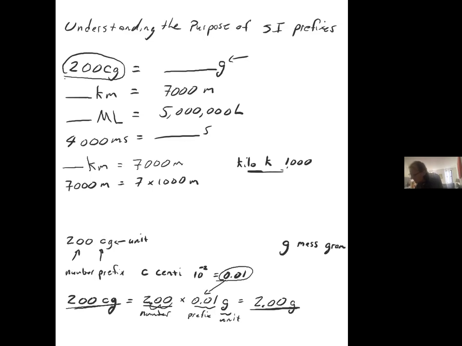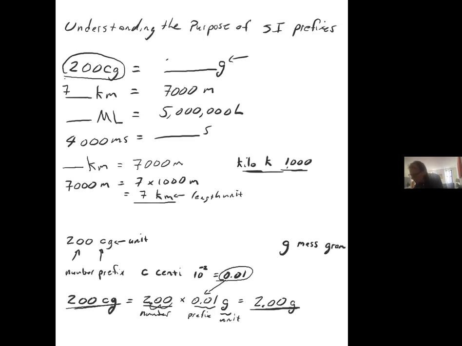That's how we define the kilo. So that means it's really just 7 K for kilo, M for meters. This is a length unit, meters. And so now you have 7 km.